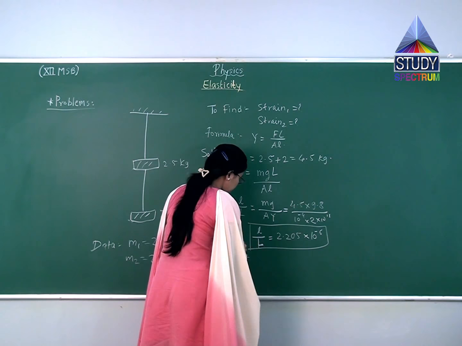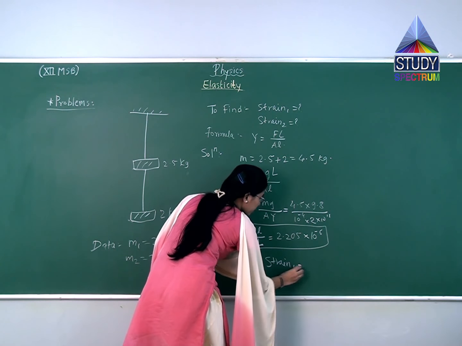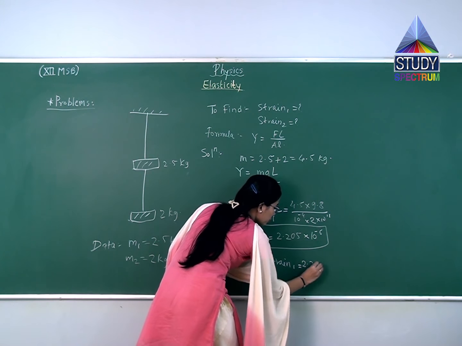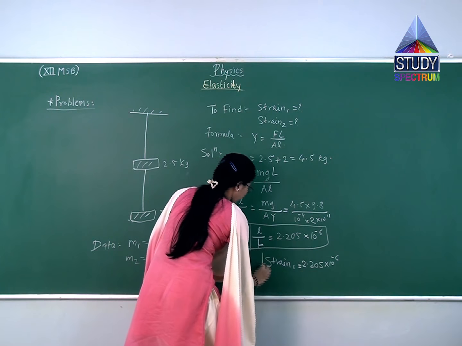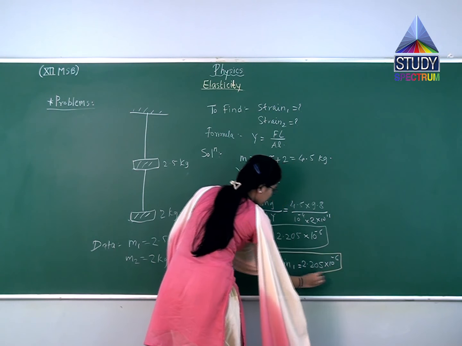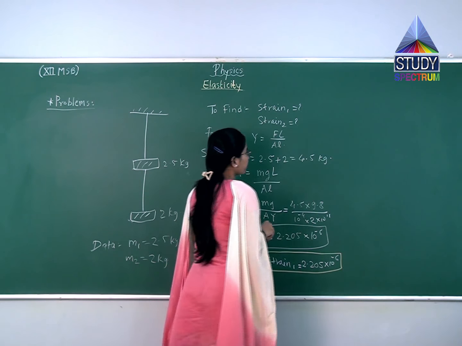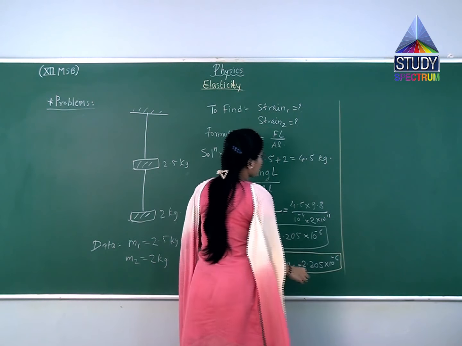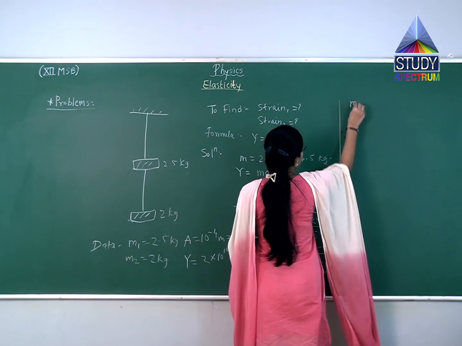So you can write strain 1 is equal to 2.205 into 10⁻⁶. Since strain is a ratio of similar quantities, no unit is there.